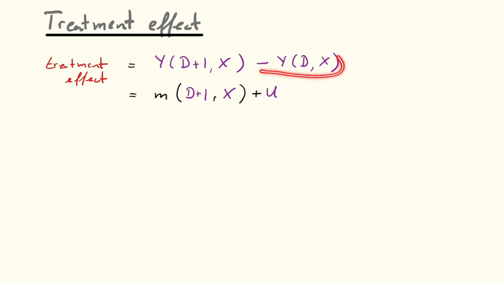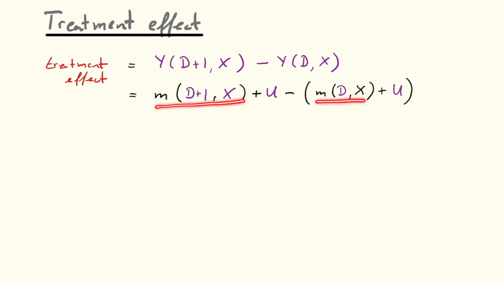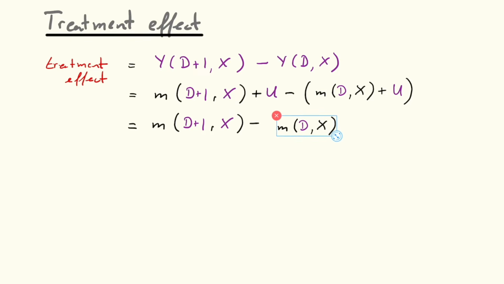And now we're subtracting this part, minus m, this time evaluated at d and x, plus the error term. The error term shows up here and here, so it will just cancel. And we're left with the difference between these m functions. This is the treatment effect that we're trying to estimate.